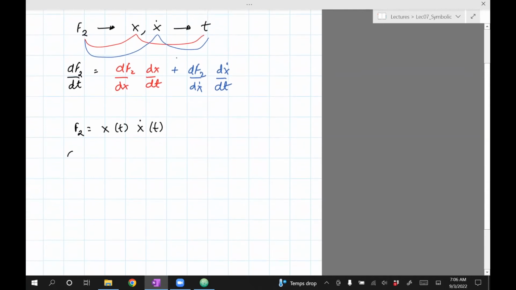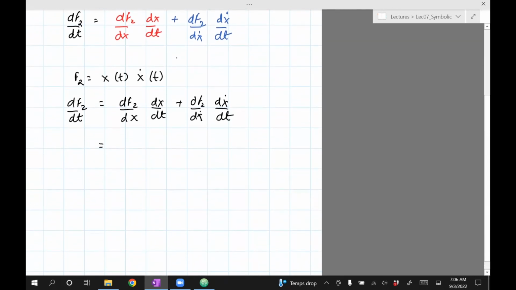So in order to compute the derivative, I have df2/dt equals df2/dx times dx/dt plus df2/dx dot times dx dot/dt. df2/dx is x dot, and dx/dt is again x dot. df2/dx dot: when you take this derivative, treat x as a constant, so this will be x, and dx dot/dt is x double dot.